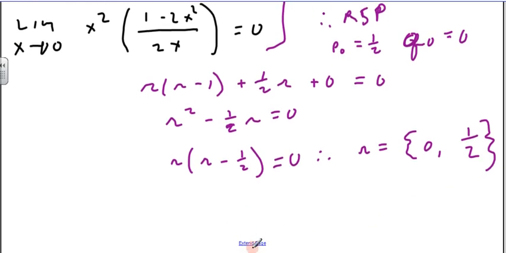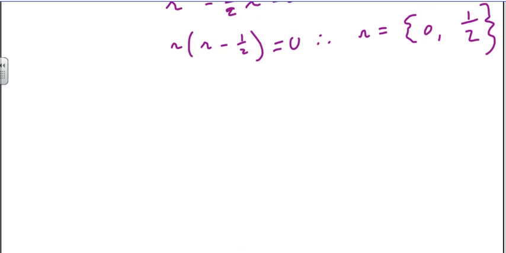Now I write down my summation stuff and solve for the recurrence formula.